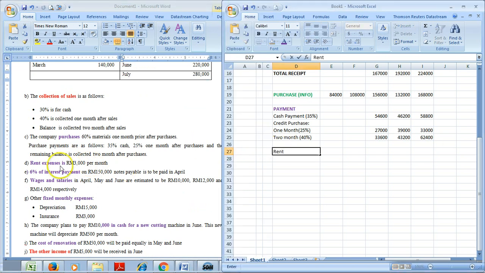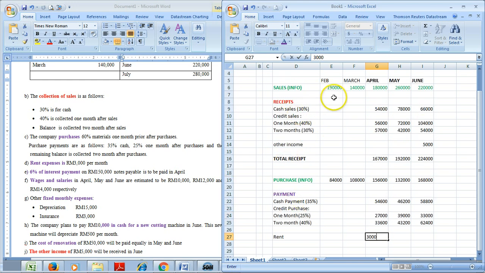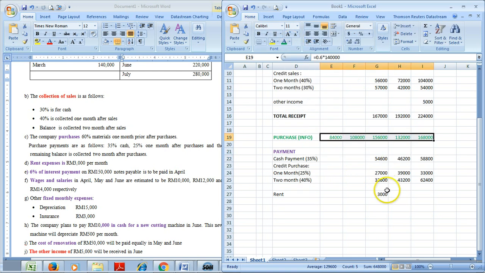Just put rent, and then 3,000 per month means every month. Why didn't I do it for February, March? We only do February, March to help on the receipt, on the sales and payment only. We need these two information. But for others, you only start from April based on the question, third quarter or second quarter. For this question it is for second quarter.